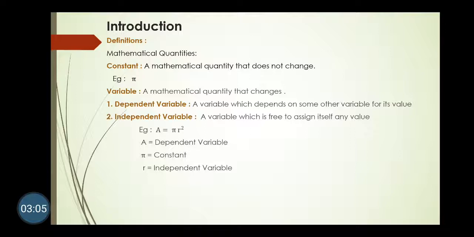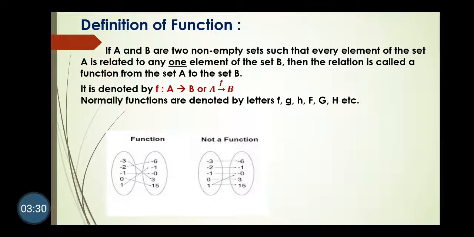But we cannot assign any value to A, because A is determined with the help of pi r square. The formula of area is pi r square. So if r changes, A also changes. So A depends on r, therefore A is a dependent variable.